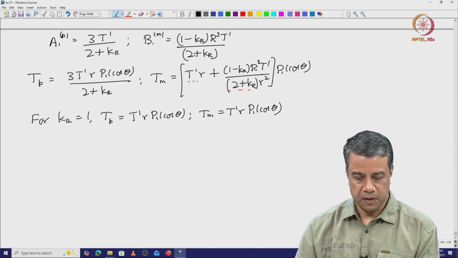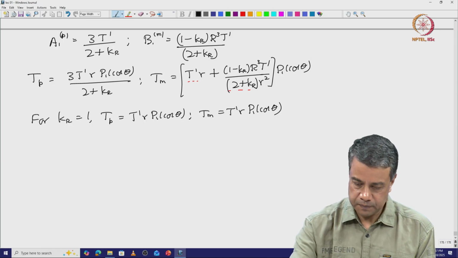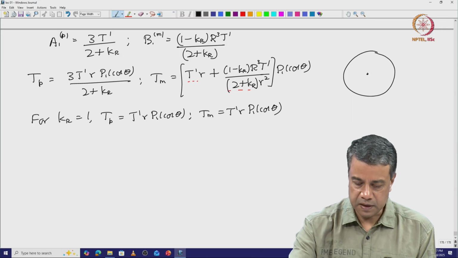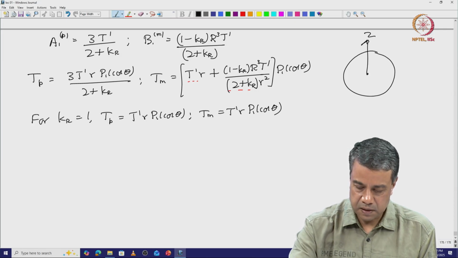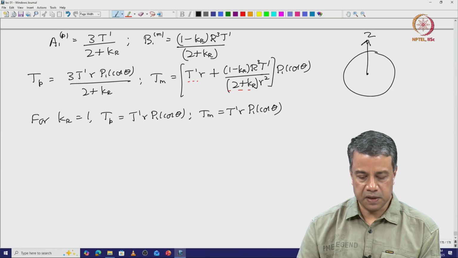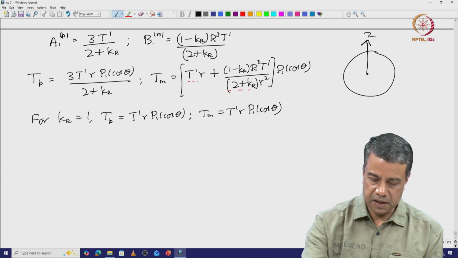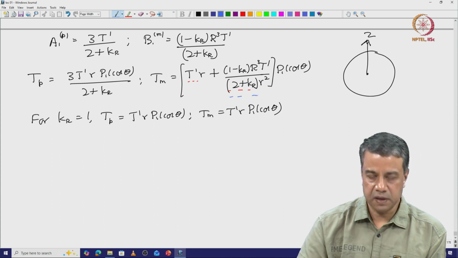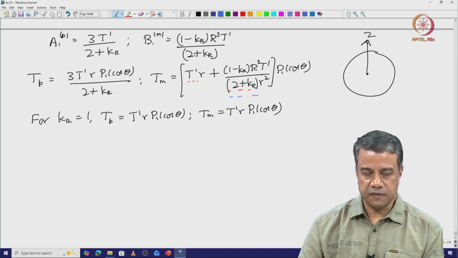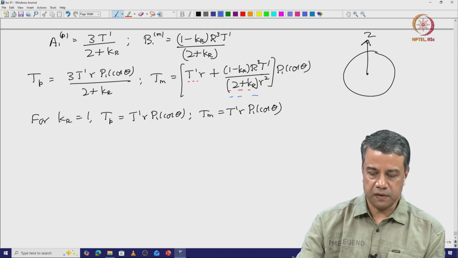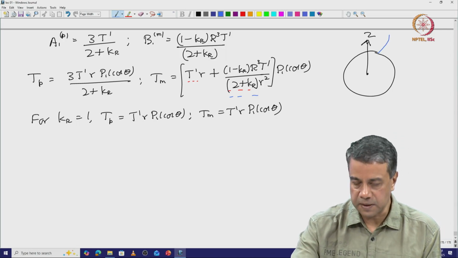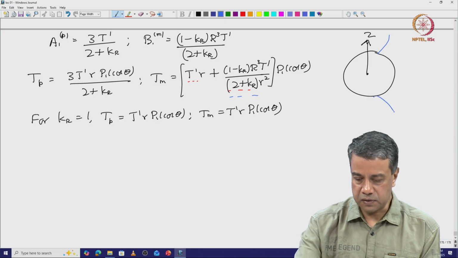What that means is that, with the z axis like this, the temperature gradient in the radial direction is negative for theta going from 0 to pi. So, you will expect the temperature field to come like this, and on the other side it goes like this.